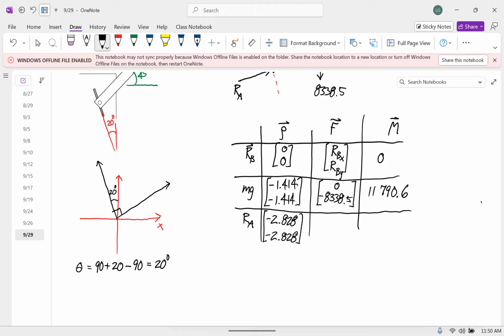Okay, so let me just quickly write this down and then we'll get out of here. That's 20 degrees, so it's going to be 0.940 RA, 0.342 RA, cross product.